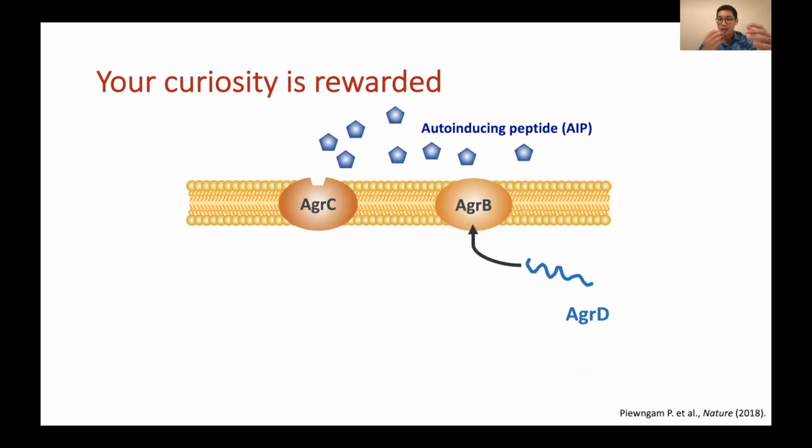And then we found that Staph aureus uses the quorum sensing system. You know, the quorum sensing system is the system that bacteria use to interact with each other, like they talk to each other. So I always say that the bacterial quorum sensing system is the bacterial Facebook because they use it to communicate with each other. We found that Staph aureus uses the quorum sensing system for gut colonization.